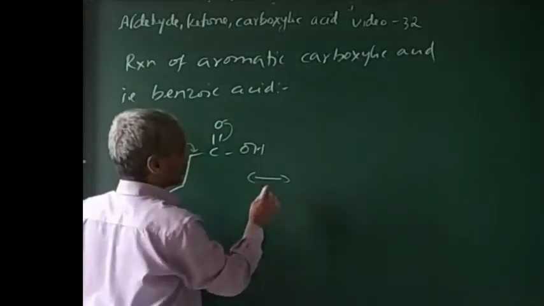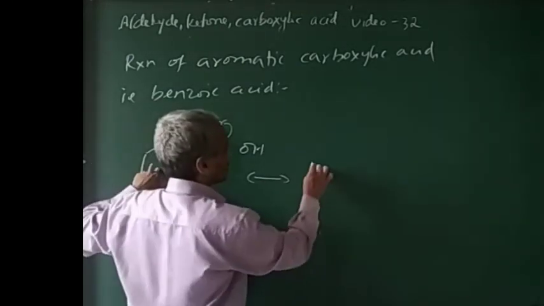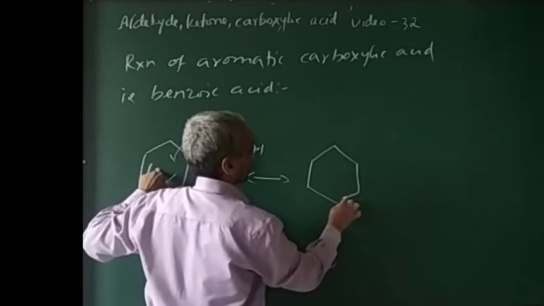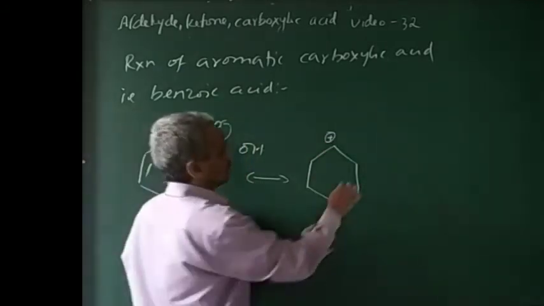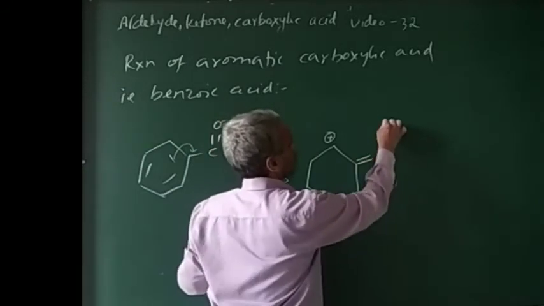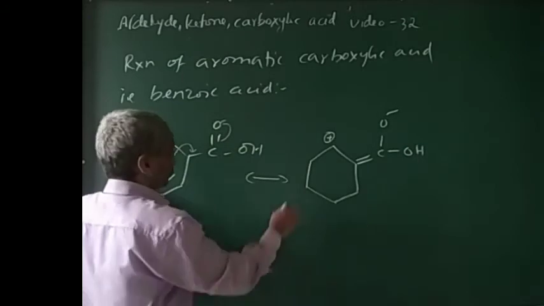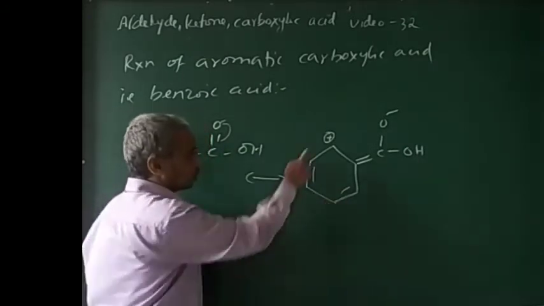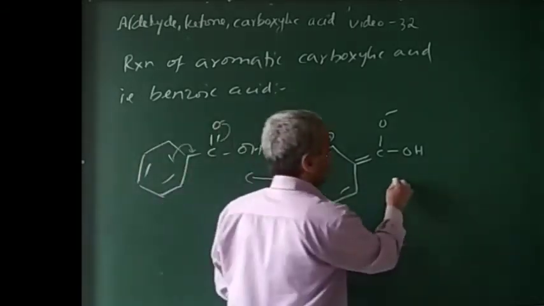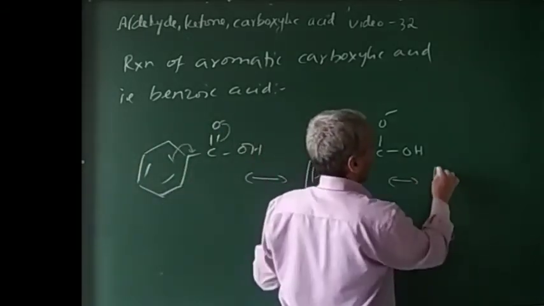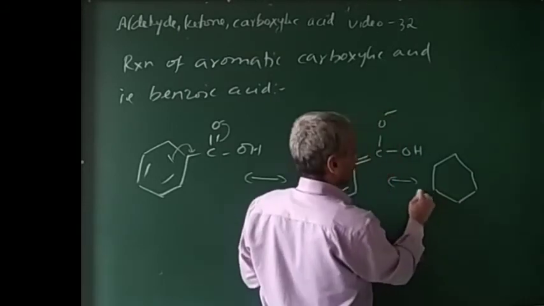So there is a resonance possibility here. So what do I get? Here the positive charge, C=O minus OH. Now to nullify this, electron will be withdrawn to here. So I get another resonance structure where the positive charge is in this carbon.